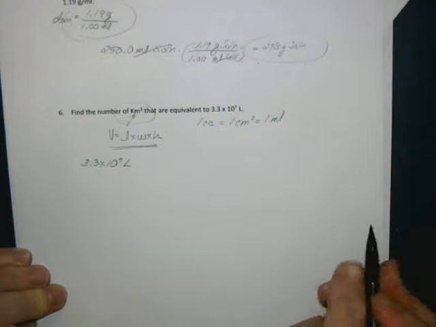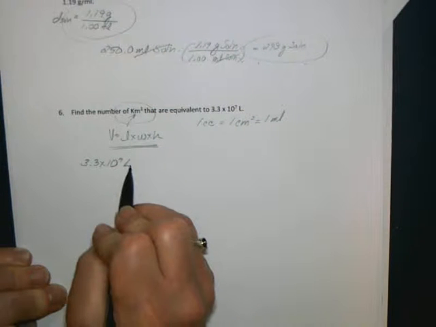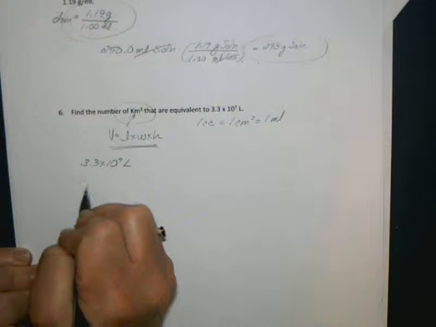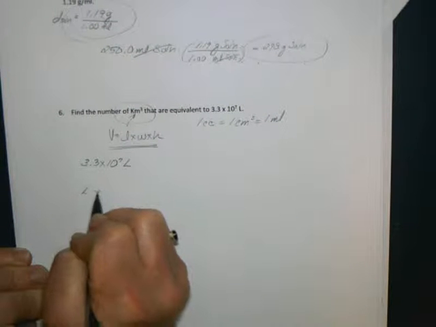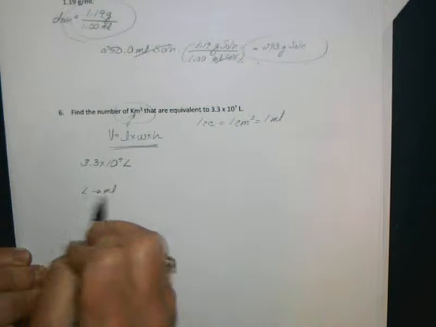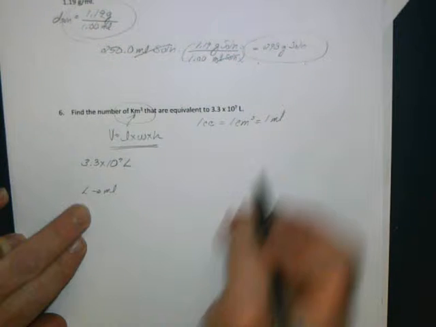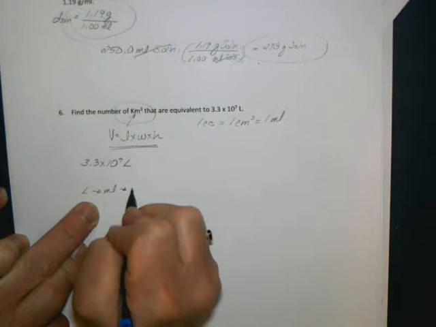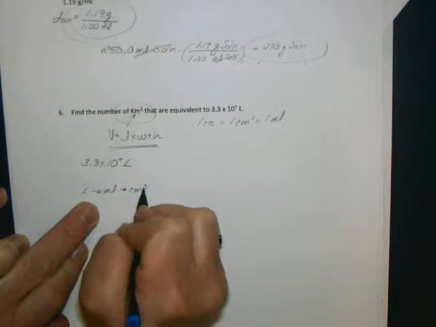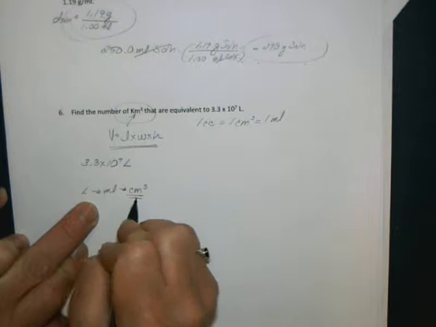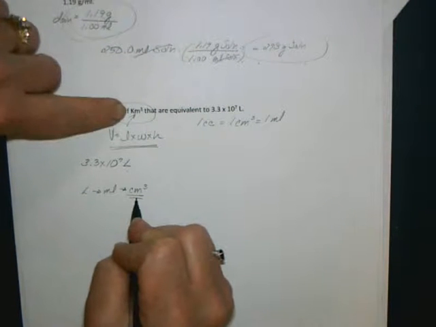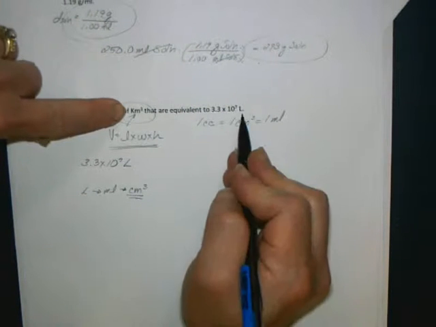In fact, if I go from liters to milliliters, and that's a quick conversion, I know that relationship. Well, milliliters convert me to centimeter cubed, and doesn't that look a heck of a lot closer to kilometer cubed than what I started with, liters?